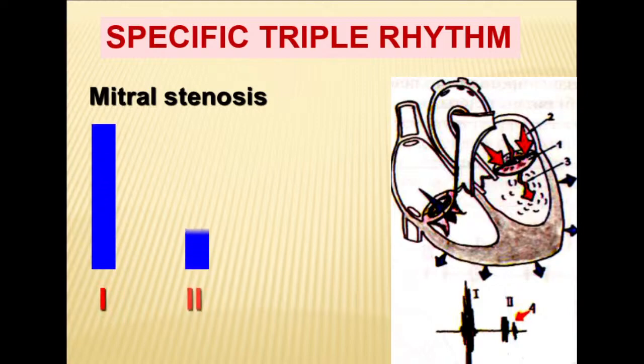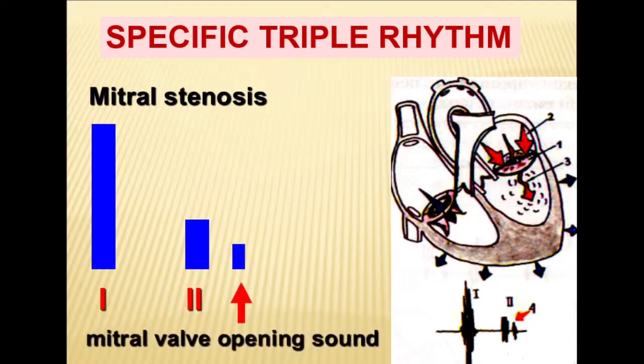If you were attentive, I said that during mitral stenosis, through the narrow mitral orifice, the left ventricle cannot be adequately filled with blood.